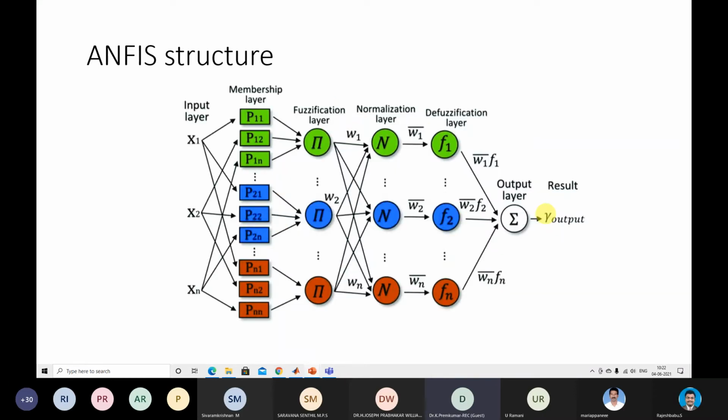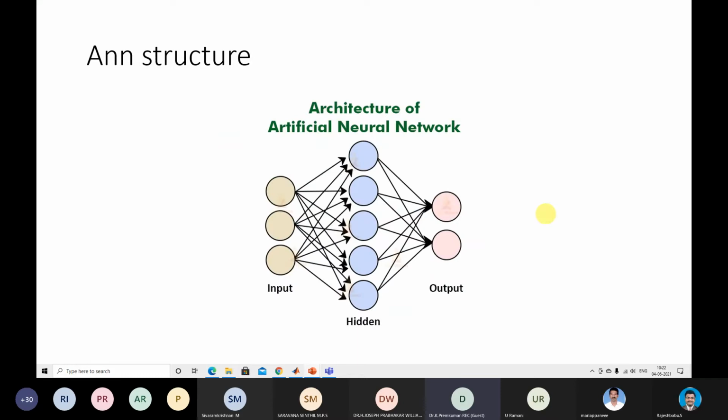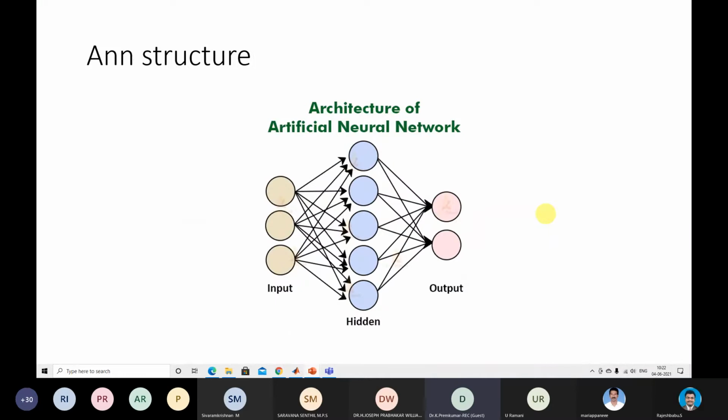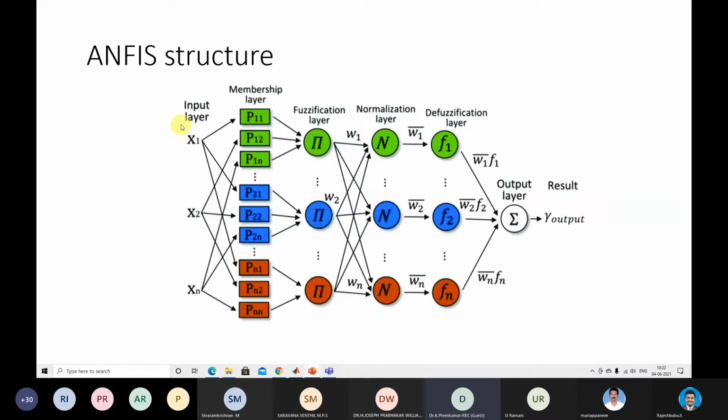The structure of ANFIS. You can see that the structure of ANN and the structure of ANFIS both have similar components. Here also there is an input layer, then in between there are several layers, which when compared with the ANN we can call hidden layers, and then it also has an output layer.